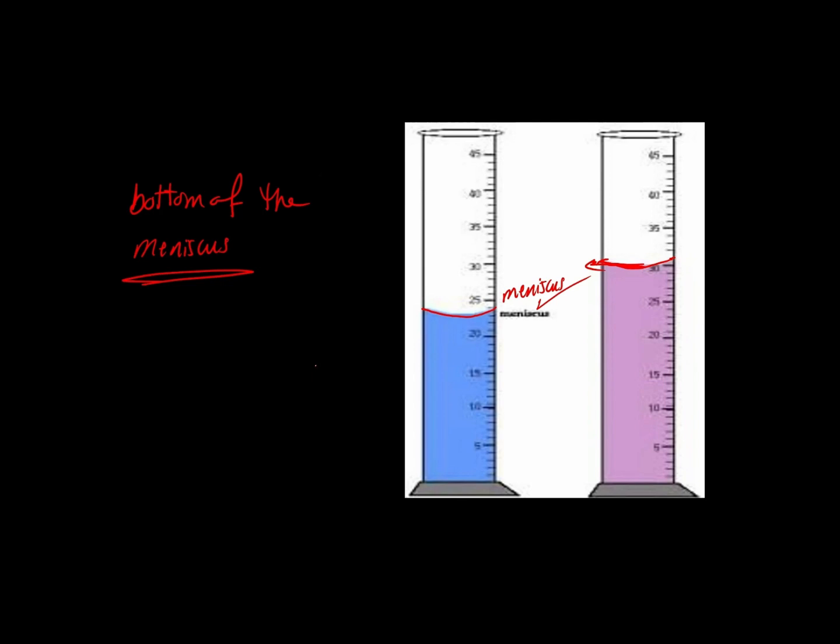What is the third precaution here? How to look at this one? Do we look at it like this, or like this? Here we have 3 or more positions to look at this bottom of the meniscus. Yes, of course, B is the correct one.